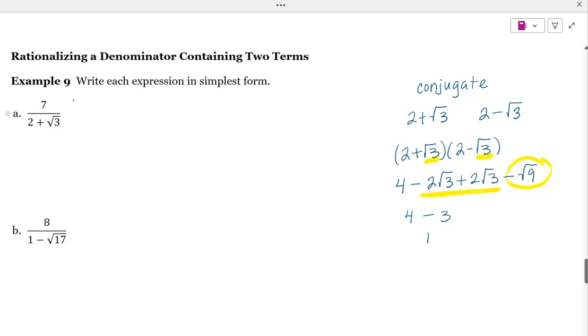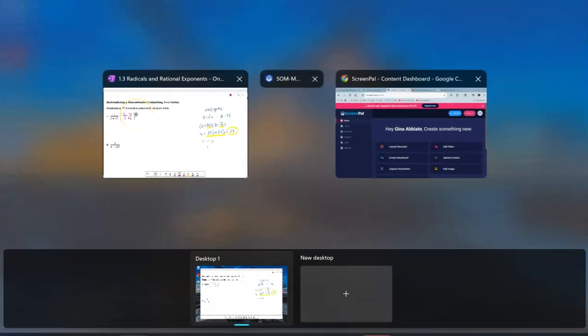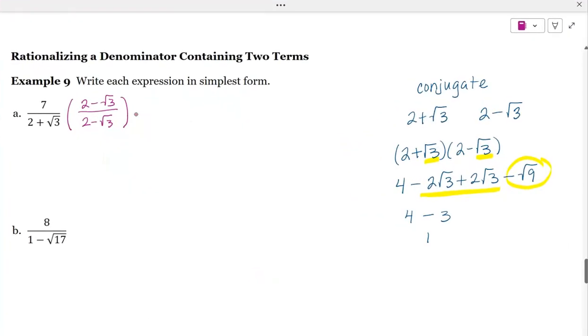So over here, we have to multiply the top and the bottom by the exact same thing, right? Because it's a form of 1. So 2 minus the square root of 3 over 2 minus the square root of 3. We just did the math over there on the side, and we saw that our denominator is going to end up being 1.